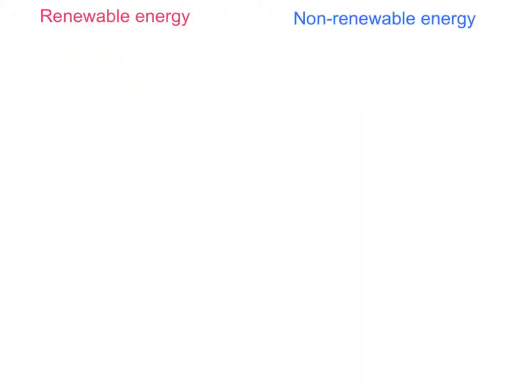And also, all of these different types of energy can be classified into renewable and non-renewable energy. So renewable energy, if you can remember from the resources on Earth topic, renewable energy are things that can be replaced very quickly. Okay, so some examples of that will be solar energy.